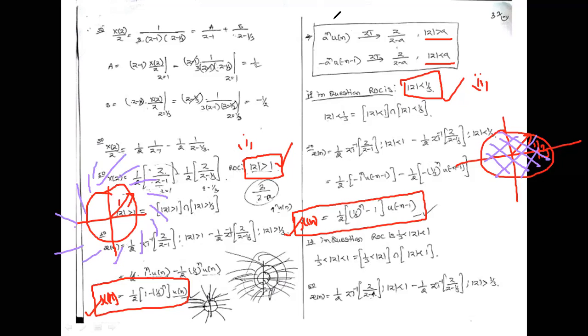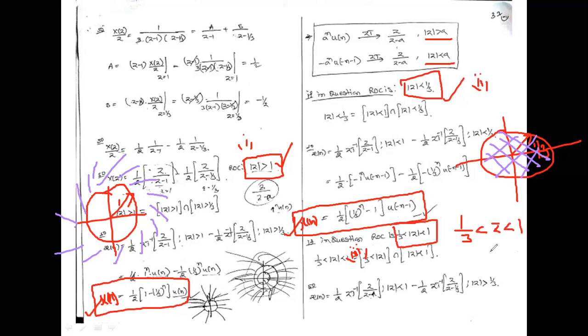Now in the third case you can observe, what is the third case? 1 by 3 less than z less than 1. So there is a third case, my dear students. Here the third case, 1 by 3 less than z less than 1.